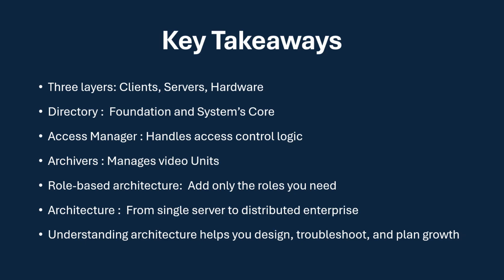And we have role-based architecture in Genetec, so we can add only the roles we need. And we have other specialized roles, and the architecture scales from a single server to a distributed enterprise.